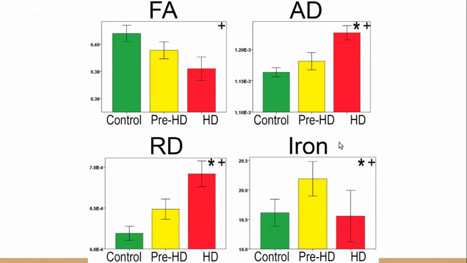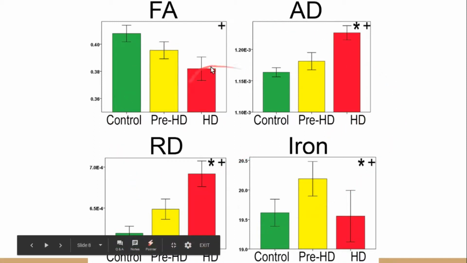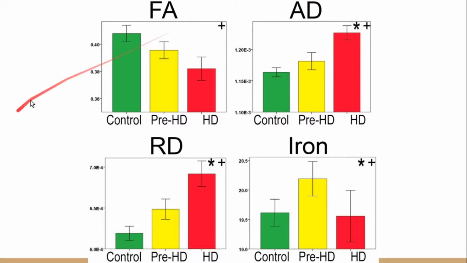Supporting the idea of axon degeneration within subcortical white matter tracts is this recent study by Philippos et al., published in the Journal of PLOS One.